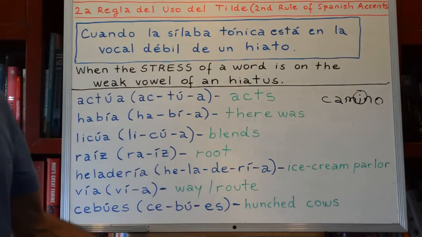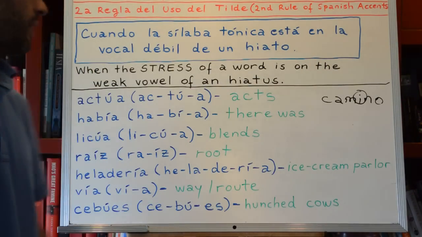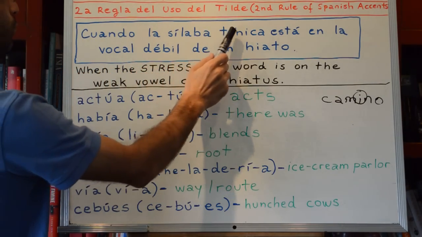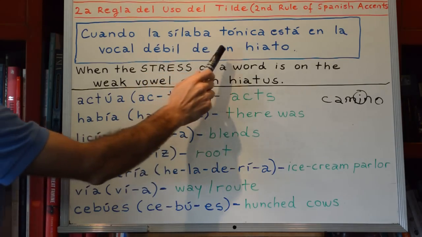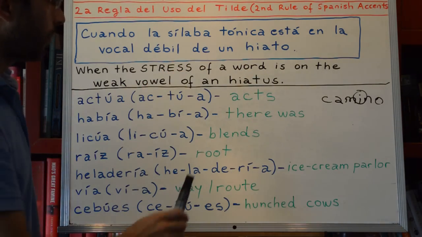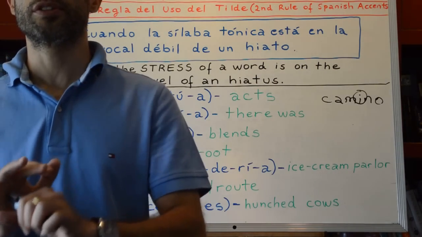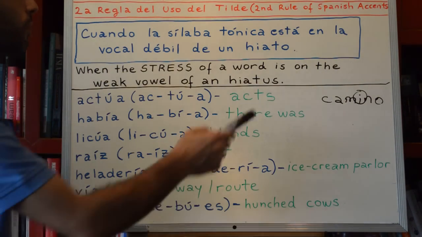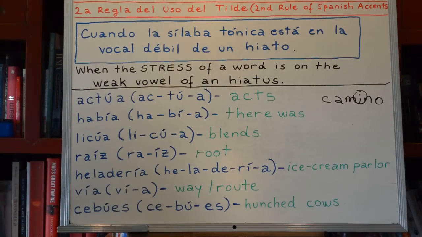So, when do we use this second rule of the tilde? Here it is. Cuando la sílaba tónica está en la vocal débil de un hiato. Okay, I won't talk again about hiatus because I explained hiatus thoroughly in our previous class, right? So I assume you already know what an hiatus is and when we have an hiatus, okay?